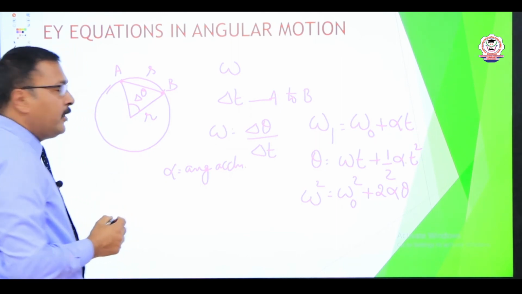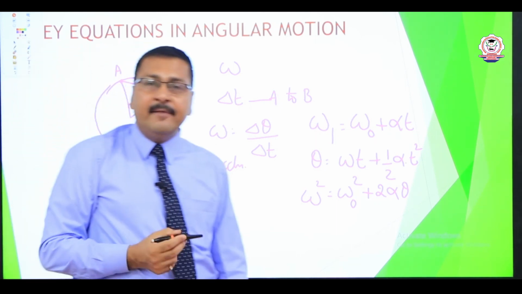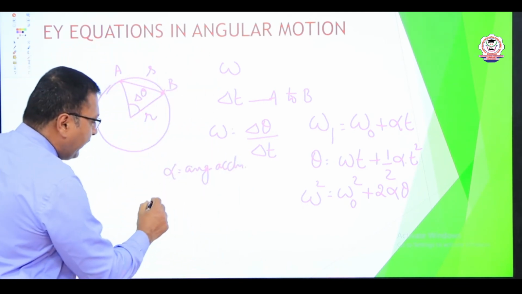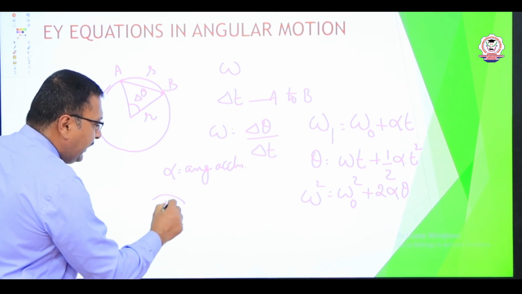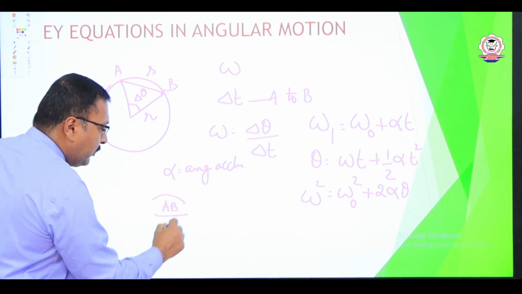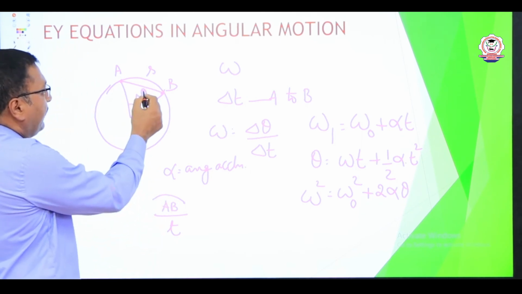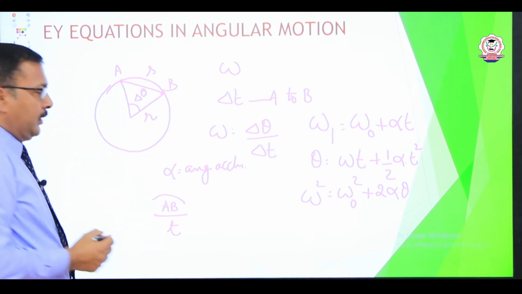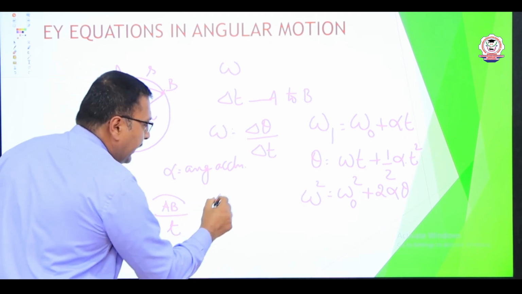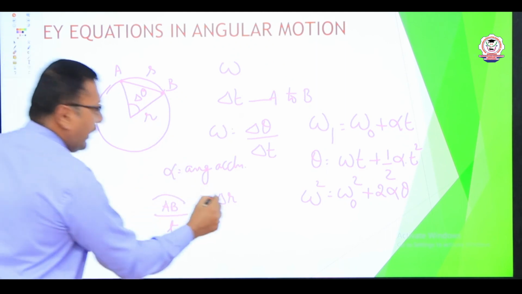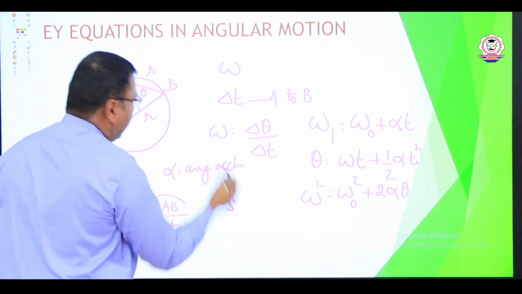Then how do we find the relationship between linear velocity and angular velocity? Very simple equation. If I divide the angle AB by time, I get the angular velocity, because AB is a sector. Now I have to derive an expression between S and R. You know very well that delta S is the change in distance.